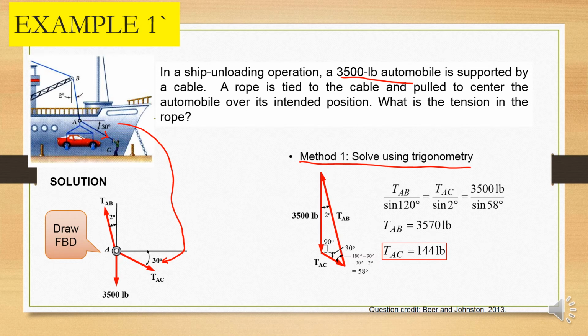Therefore this one is considered as the resultant force. The resultant force is due to the weight of the automobile, which is straight downward with a value of 3,500 pounds.